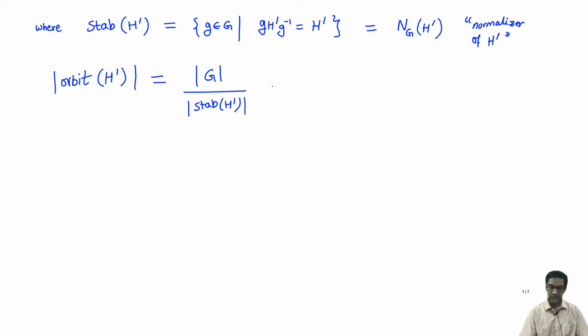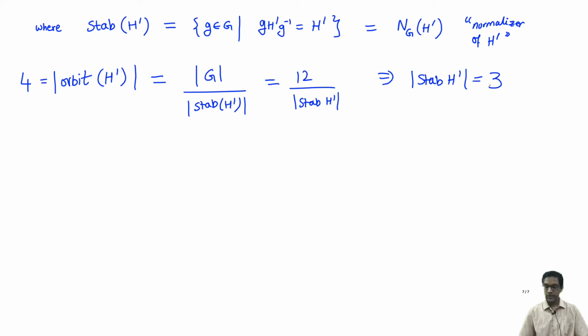Now observe, in this case we know the cardinality of the orbit. The action is transitive, so all 4 Sylow subgroups are in the same orbit. If I start with any H prime and apply the conjugation action, I get all the other 3 Sylow subgroups. So the orbit is equal to the entire set X. Cardinality is 4 and the cardinality of G is 12. So I conclude that the stabilizer of H prime must have cardinality 3.